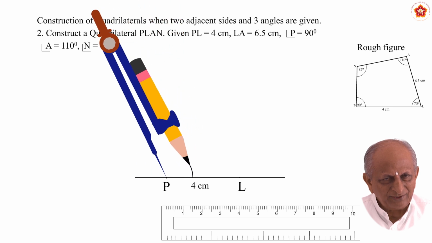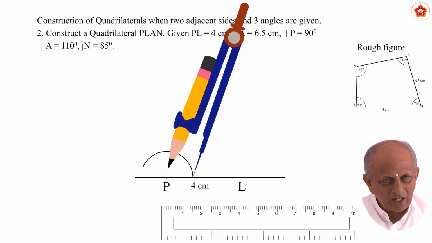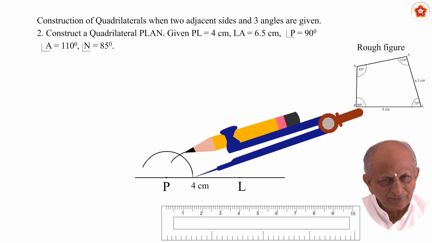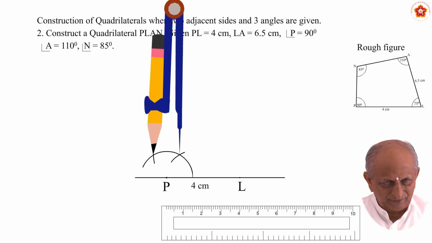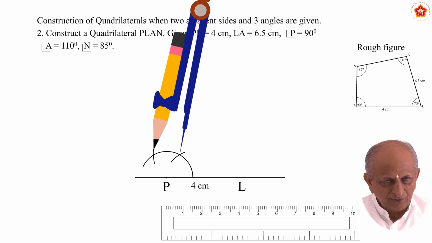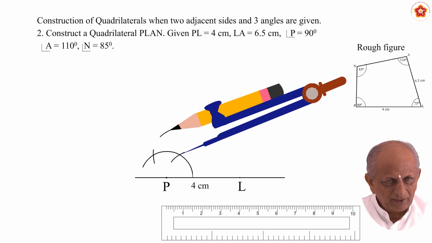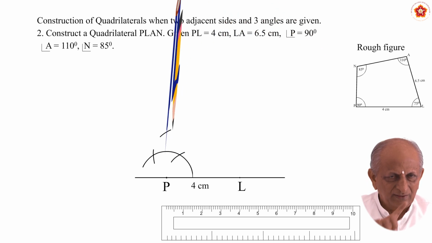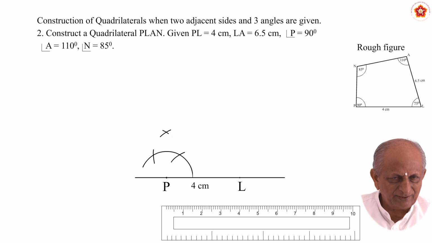Now, with P as center, make an angle of 90 degrees. 90 degrees can be done with a compass very well, or you can do it with a protractor also. For doing it with a compass, this is the method. Draw an arc of convenient radius with P as center.